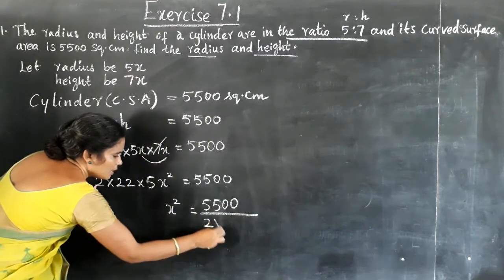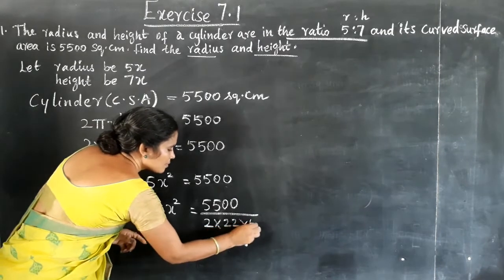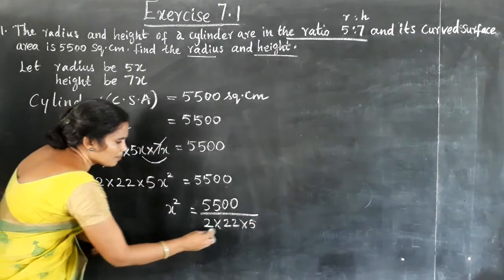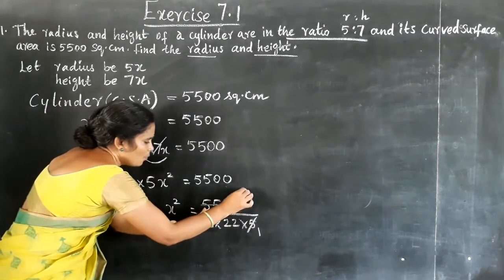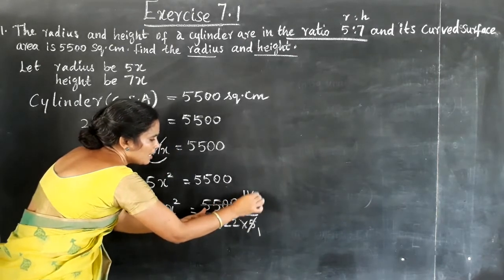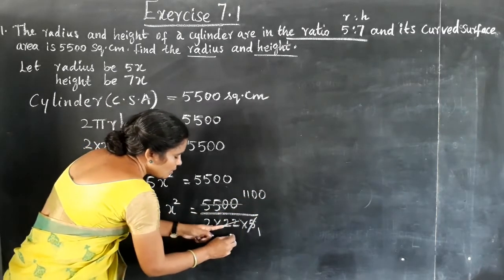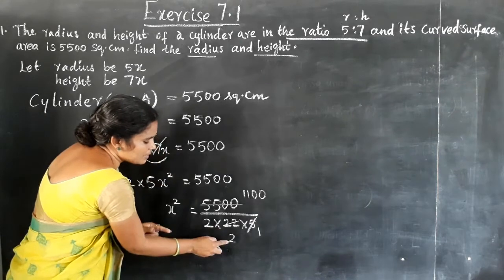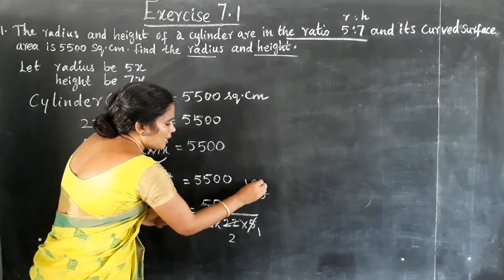So 2 into 22 into 5. 5 ones are 5, and 00. 2 elevens are 22, 11 ones are 11, and 00.